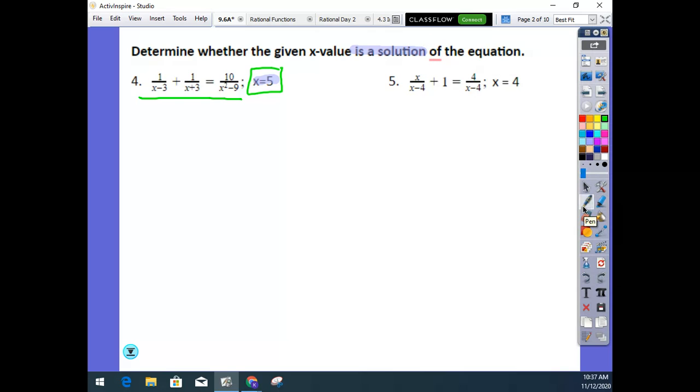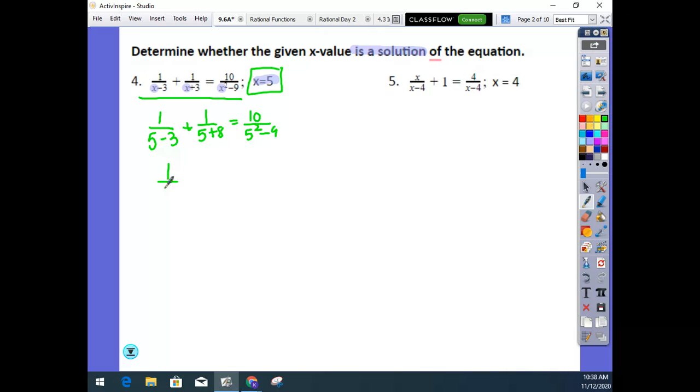So we just plug this in. We're going to plug 5 in for every x that you see in the problem. 1 over 5 minus 3, 1 over 5 plus 8, 1 over 5 squared minus 9.